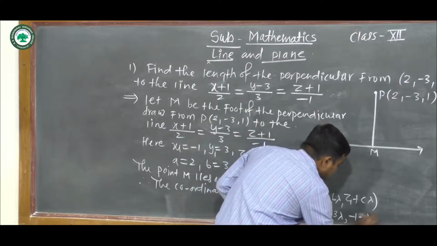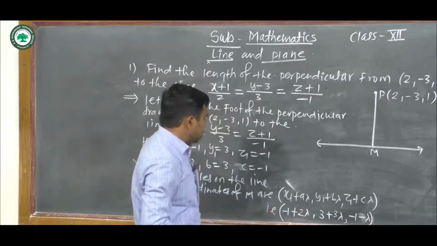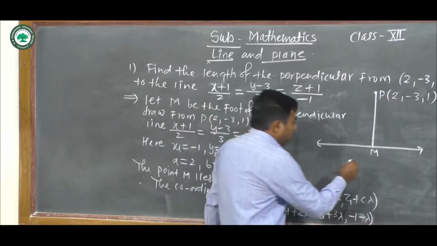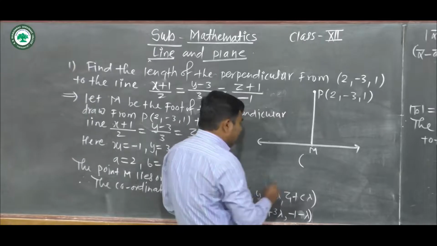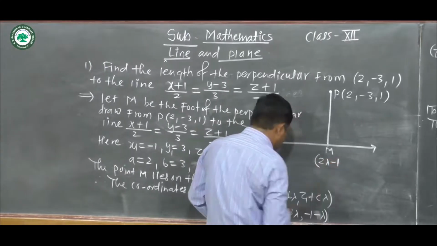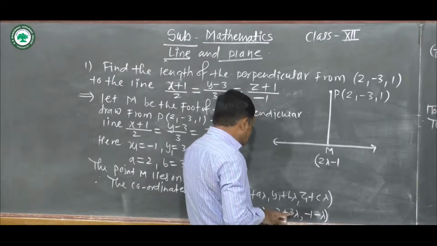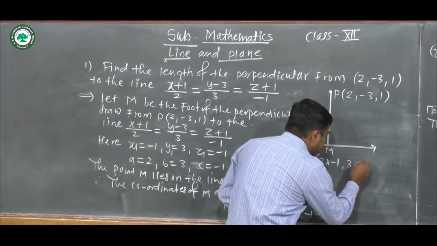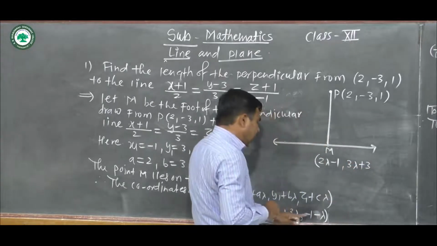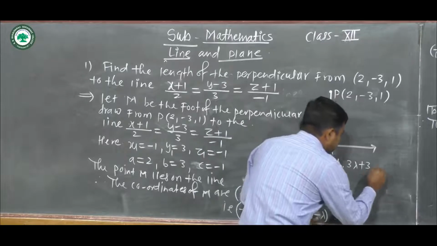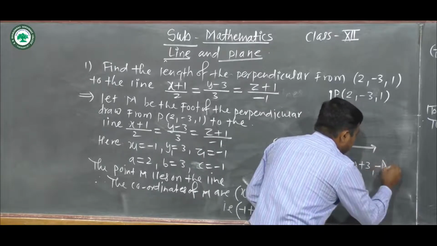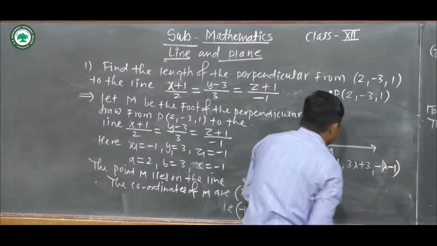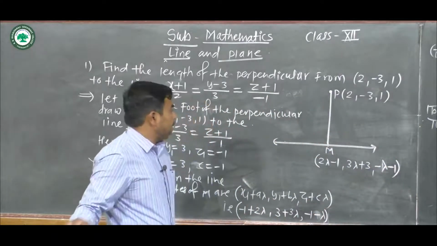Minus 1 minus lambda. So these are the coordinates of point M. So minus 1 plus 2 lambda can be written as 2 lambda minus 1, 3 plus 3 lambda is 3 lambda plus 3, and this is minus lambda minus 1. So these are the coordinates of point M.